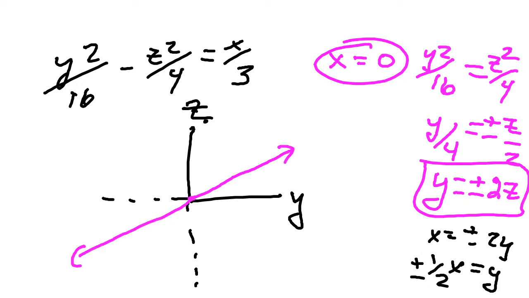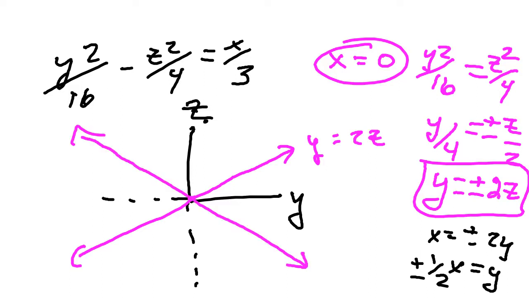So this is the equation y equals 2z, and it's less than a 45-degree angle. And this should be y equals minus 2z. So this is one thing that the graph follows.